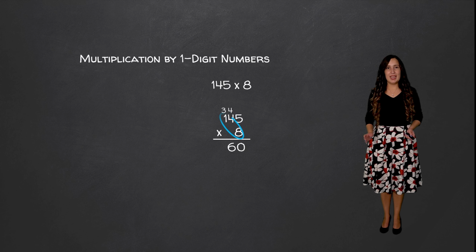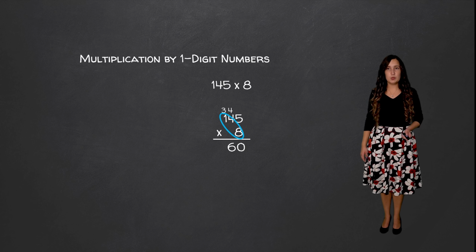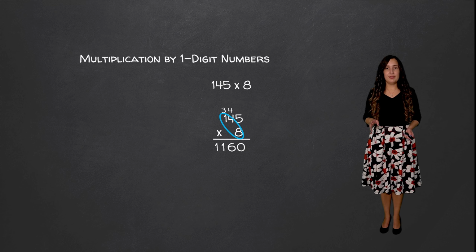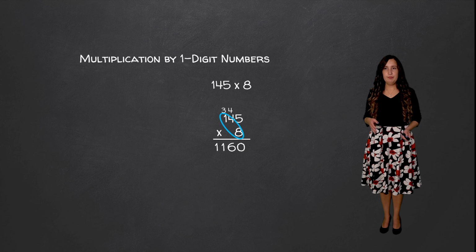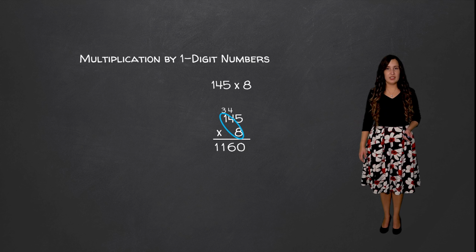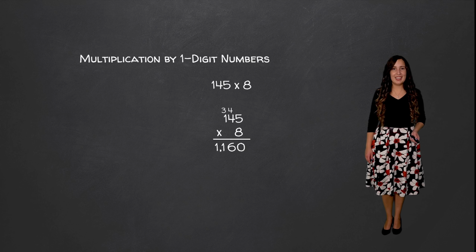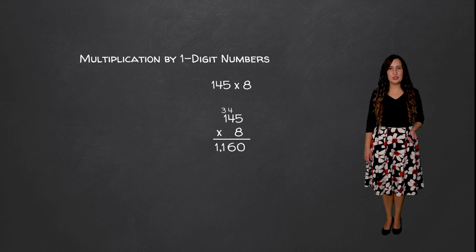Finally, we do 8 times 1, and 8 times 1 is 8, but don't forget that we have to add the 3, and 8 plus 3 is equal to 11. Because this is the last number that we're multiplying, we can go ahead and write out 11. We don't have to carry over. And because our value is greater than 1,000, we do have to add our comma there. So 145 times 8 is equal to 1,160.